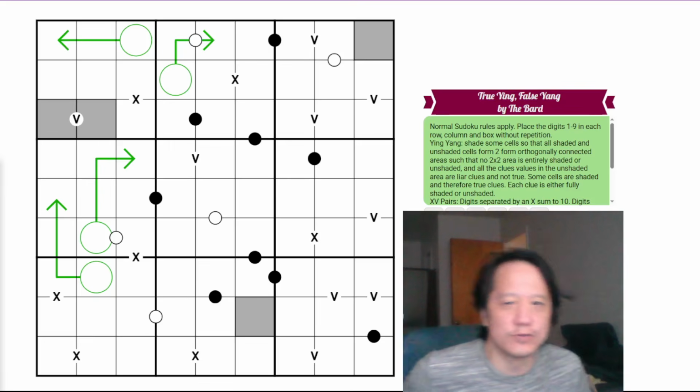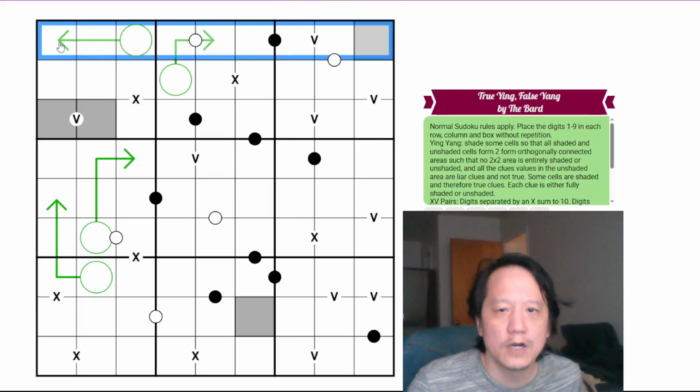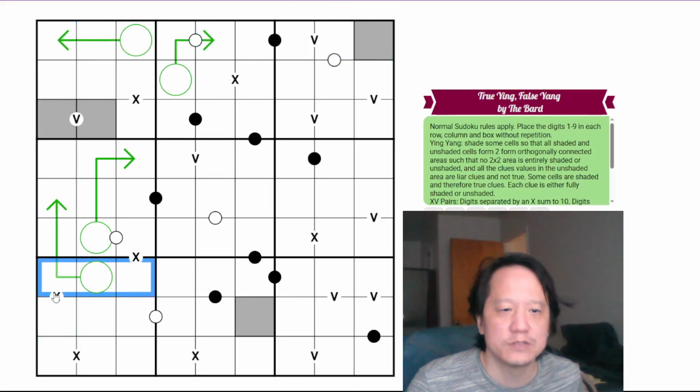And here are the rules. Normal Sudoku rules apply, which is place the digits 1 through 9 in each row, column, and box without repetition.